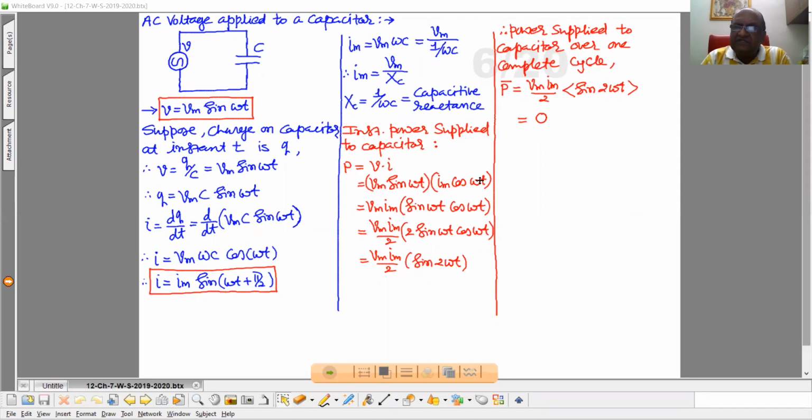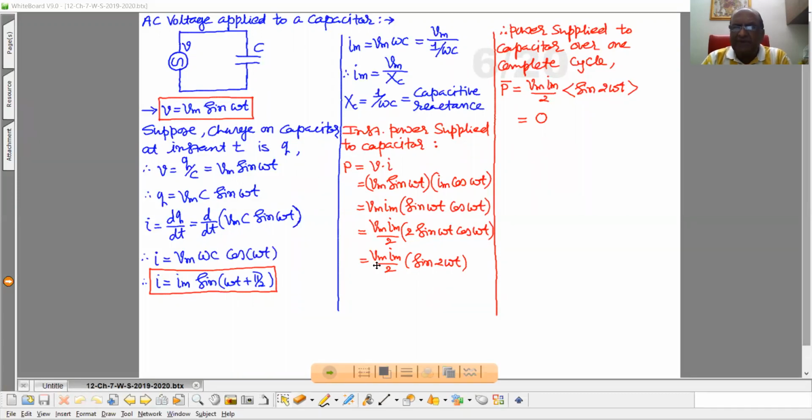Now the instantaneous power supplied to the capacitor, power P, is V into I. So Vm sin omega t, Im cos omega t, then Vm Im sin omega t cos omega t, multiply and divide by 2. So we can write Vm Im by 2 into 2 sin omega t cos omega t.